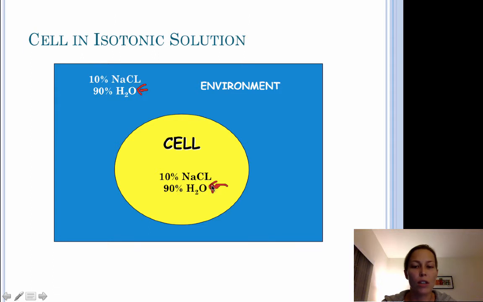So what we're noticing is that water is going to be moving both into and out of the cell at equal rates, and the cell is going to stay happy. It's going to be in a stable environment.